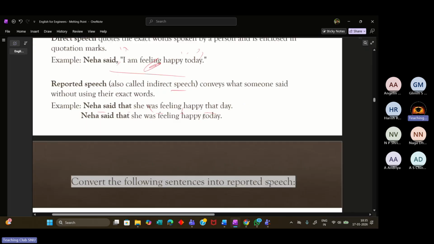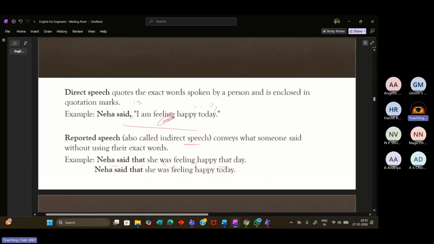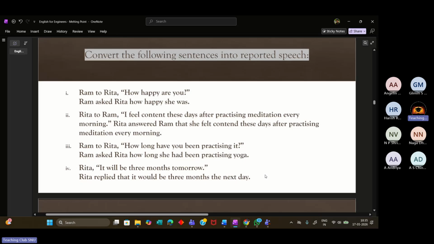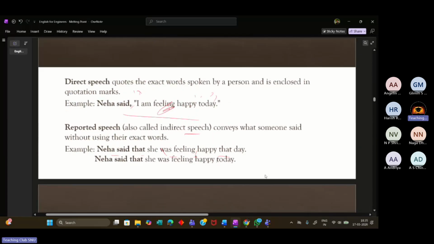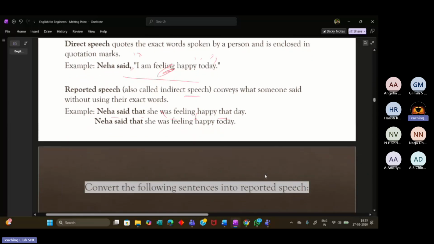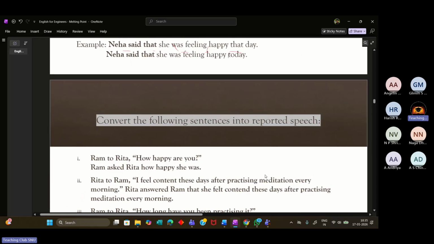Basically, you just add "that". If there are any time references mentioned, like today, this evening, we change them to that day or that evening. And we also change it to past tense, by the way, because obviously we're interpreting something said by someone in the past. So we change the verbs to past tense.